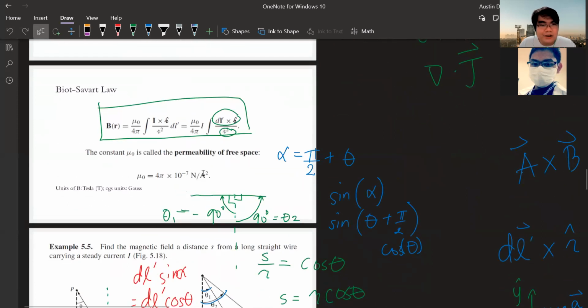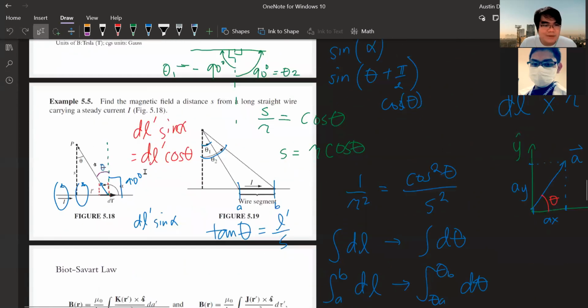So, recall lang natin na yung magnetic field mo would always be perpendicular to the current and to the separation vector. Hindi niya pwede maging kaparallel yung dalawang yun, kasi cross product siya ng dalawang yun. Then, nag-example tayo.